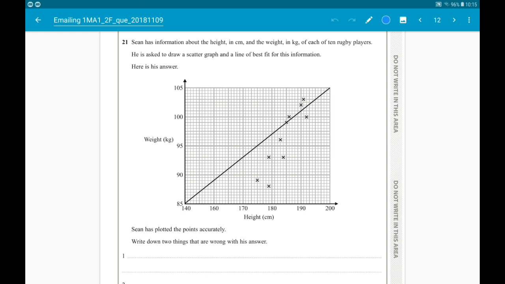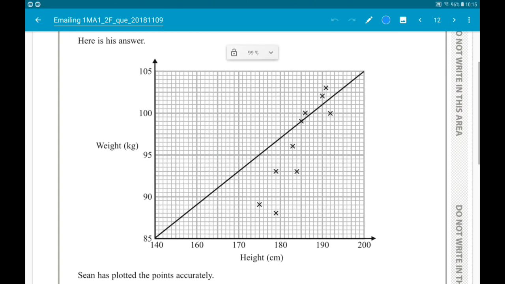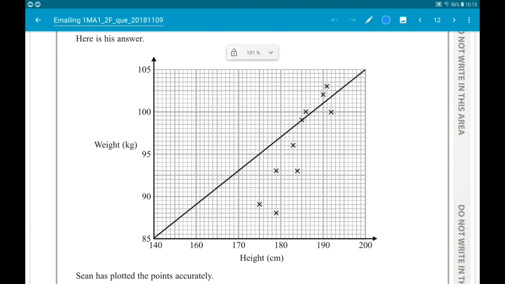We want to write down 2 things that are wrong with his answer. Okay, so the most obvious is that his line of best fit is a load of rubbish. It should be something more like that. So that's one thing wrong. His line of best fit is not good.